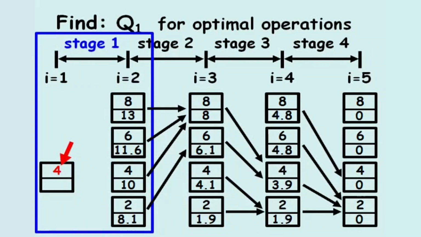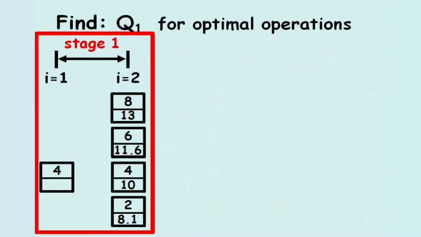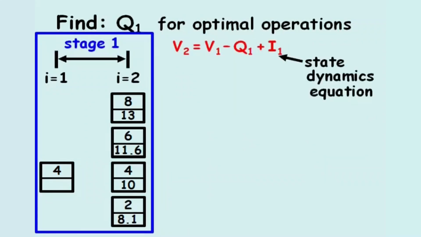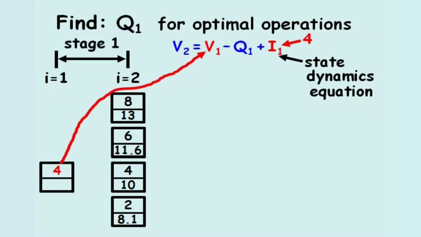Next, we'll look at just Stage 1 and write out the state dynamics equation. After substituting in 4 for our initial storage volume and 4 for the inflow, we learn that releasing 0 units of water will result in a storage volume V2 equal to 8.